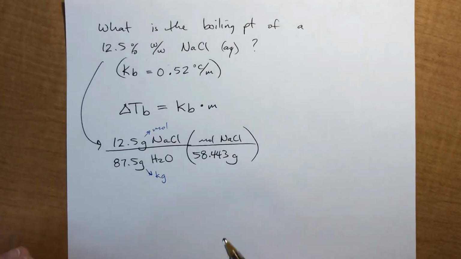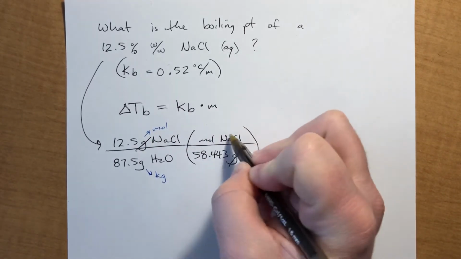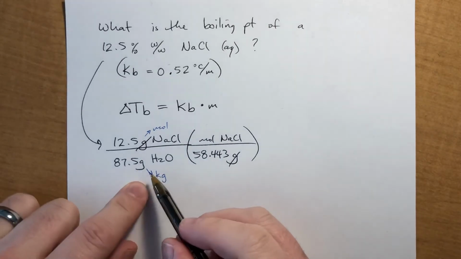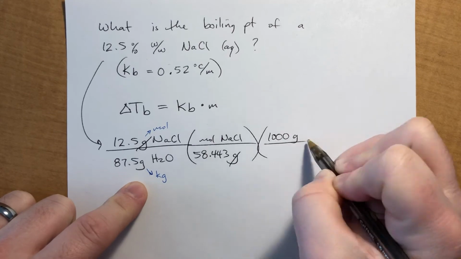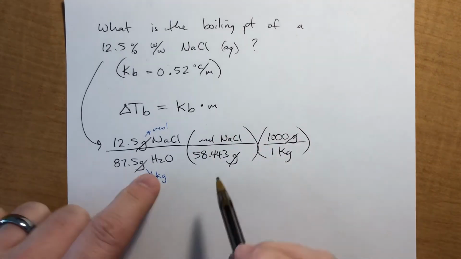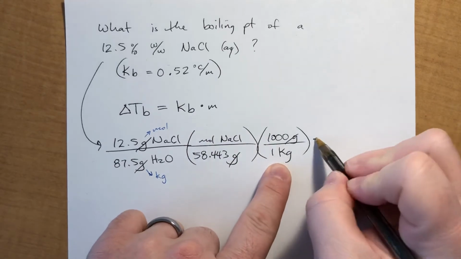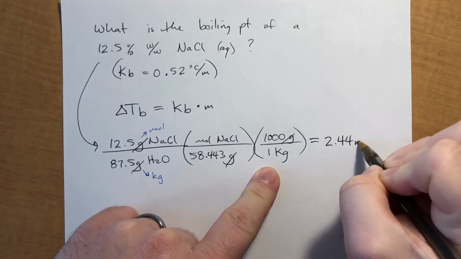I'm assuming at this stage of the game that you passed Chem 1, so you can add up things off the periodic table. But that will convert from grams to moles of sodium chloride. To convert from grams to kilograms, just literally have a factor of 1,000. There's 1,000 grams in a kilogram. That will give us moles on top, kilograms on bottom, which will give us a molality of 2.44 molal.